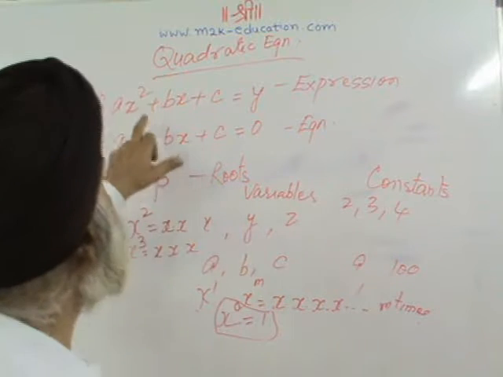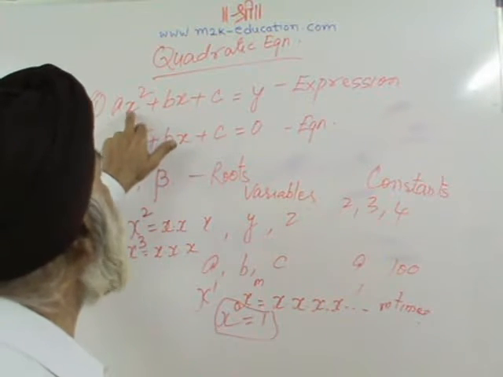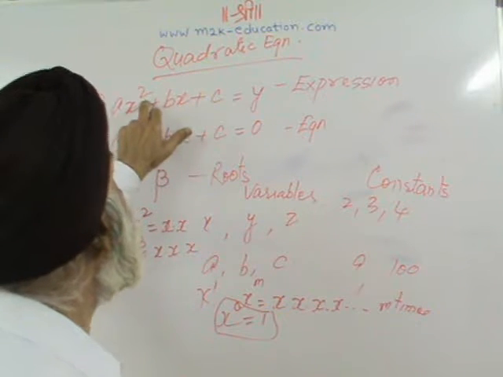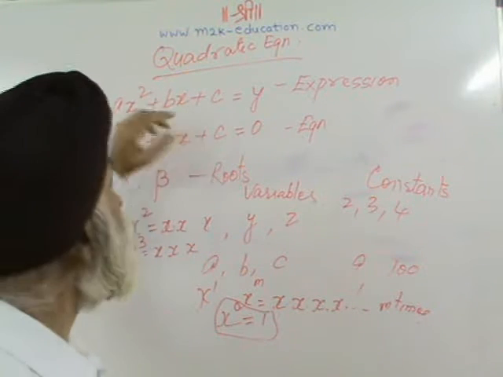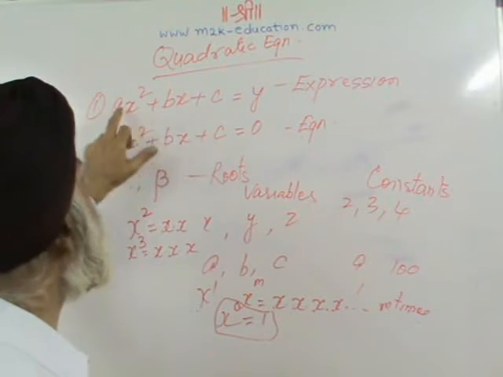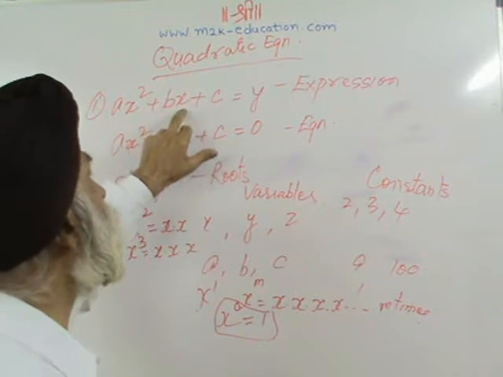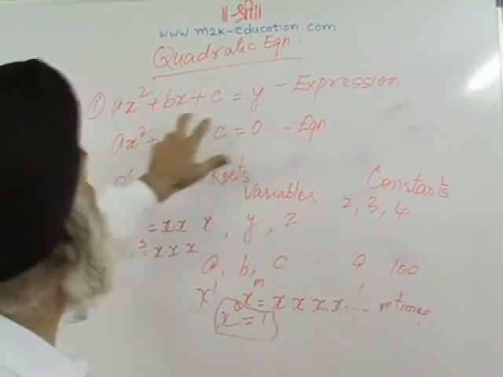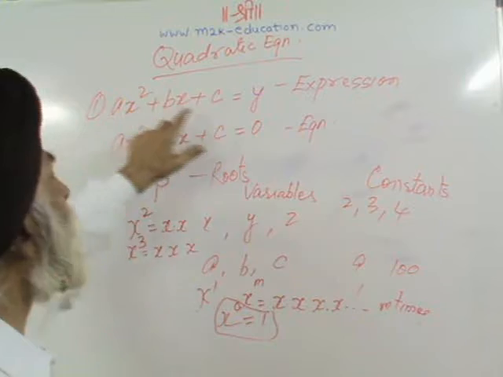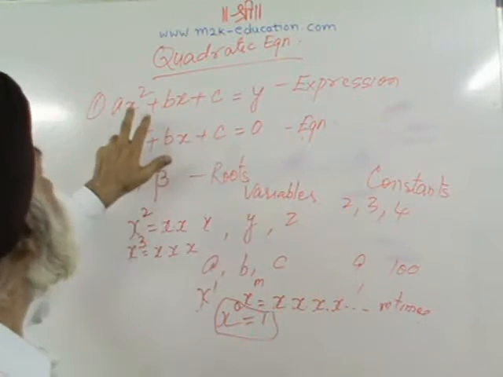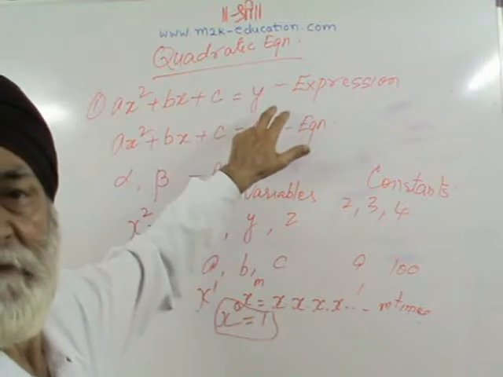At the same time, the highest power of variable x is 2, and then it is in descending order, like x raised to 2, x raised to 1, x raised to 0. So we can call it a mathematical expression which has the variables x and y.